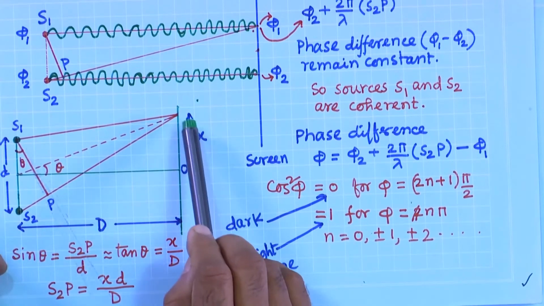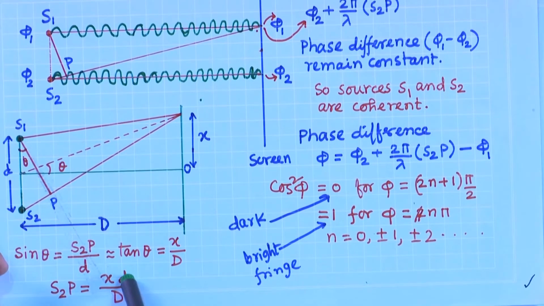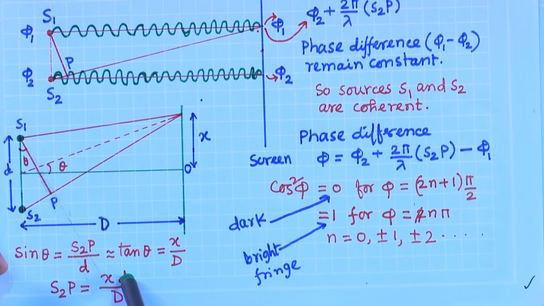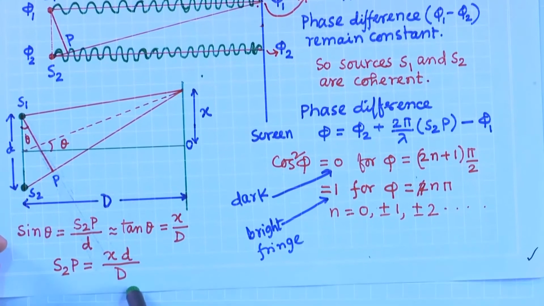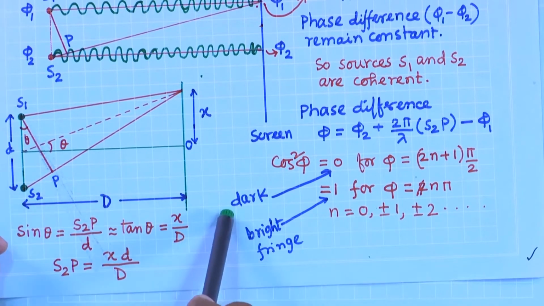If that distance is x, then x into d, the distance between two sources, divided by capital D, the distance between the source and screen.